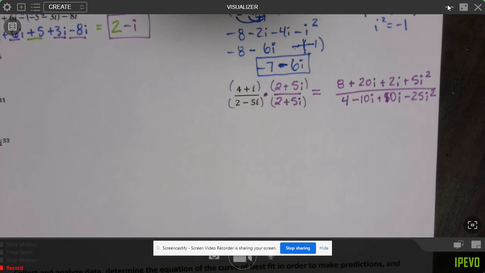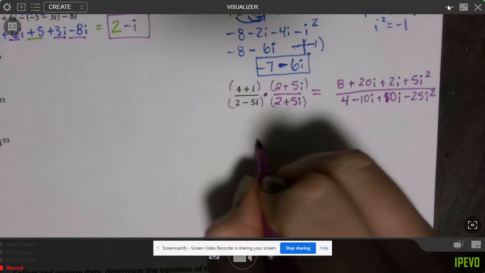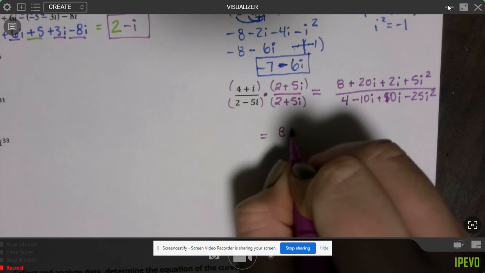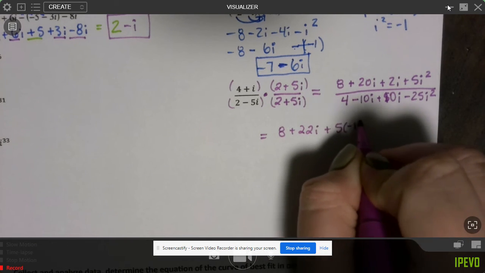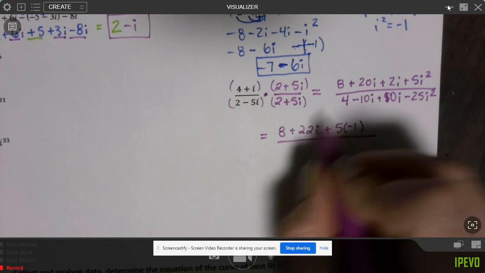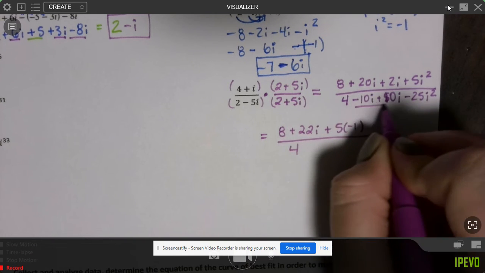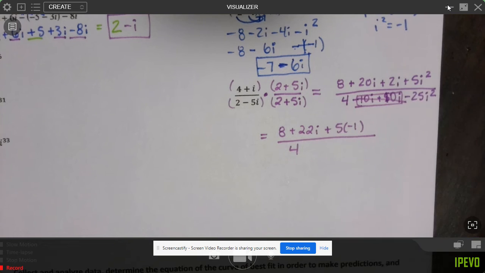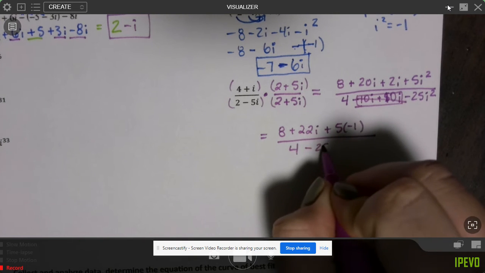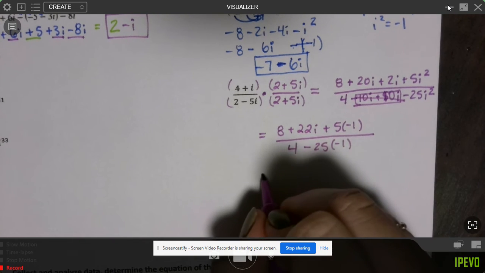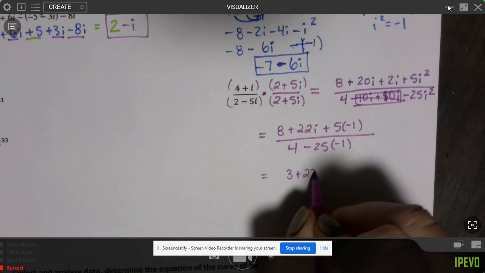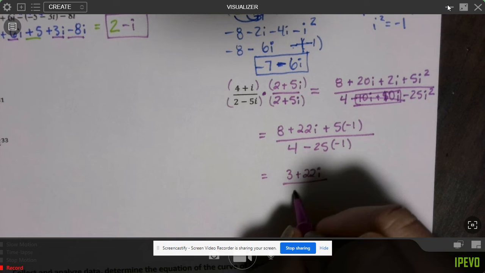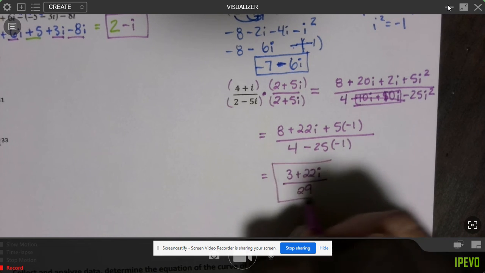Now remember, i squared is really a -1, so if we're going to rewrite this, we have 8 plus 22i plus a 5 times a -1 all over 4. The minus and the plus actually cancel out, so we have minus a 25, -1. So here we have 3 plus 22i all over 4 plus 25, which is 29.